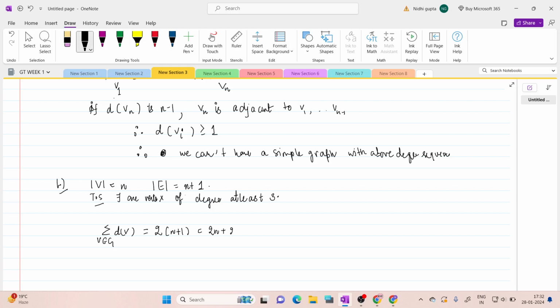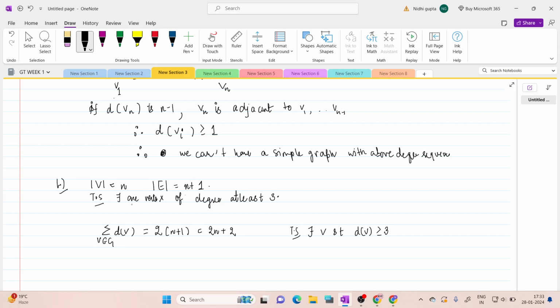Now we have n vertices whose sum of degrees is 2n plus 2. And we have to show that there is at least one vertex whose degree is greater than or equal to 3. That is, to show there exists V such that d(V) is greater than or equal to 3.